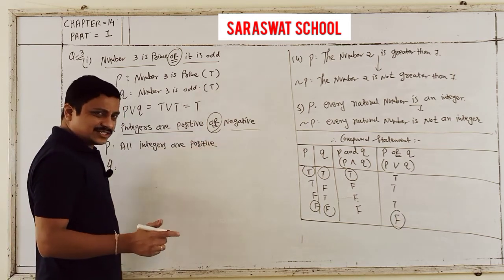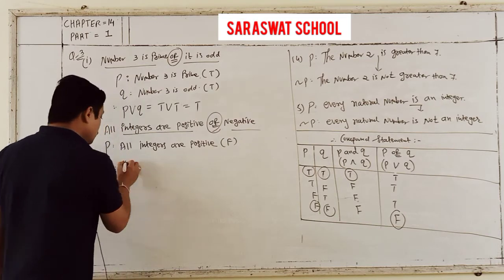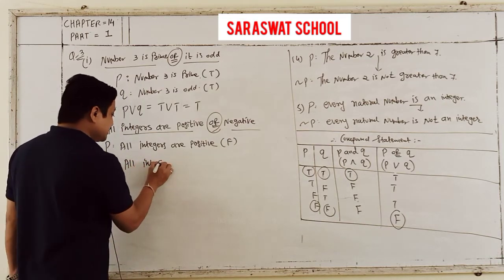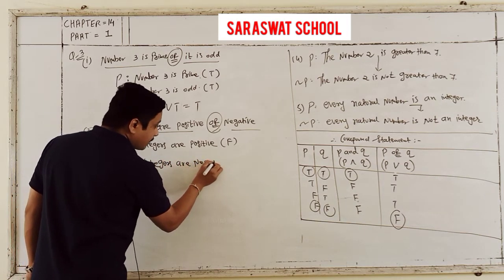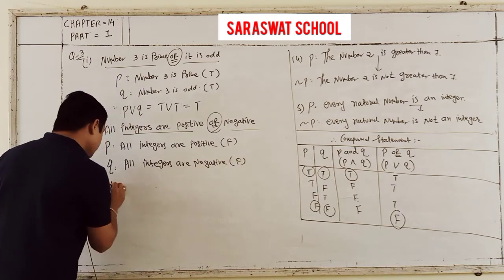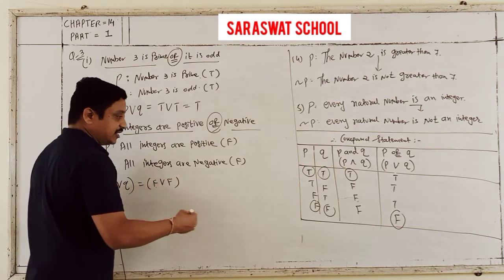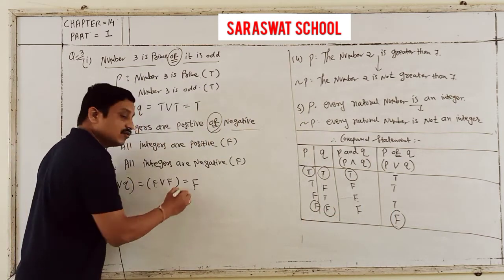Are all integers positive? No, they are not always true. Second, sometimes the negative is also possible. Q: integers are negative, and that is also false because sometimes they are positive. So P or Q, false or false, it means that my answer is only and only false.